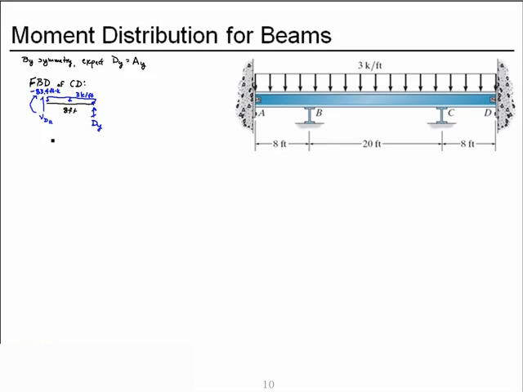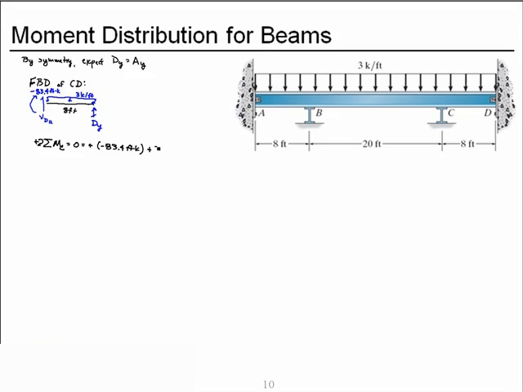Let's sum moments about point C. And again, I'll choose clockwise as positive since that's the way our moments are drawn. So I have a positive contribution but a negative magnitude for the moment CD.